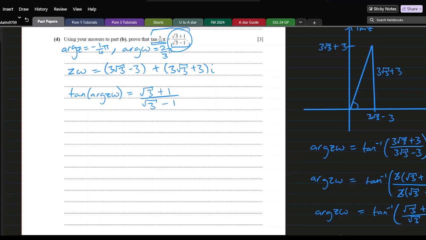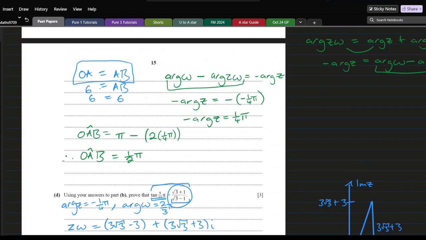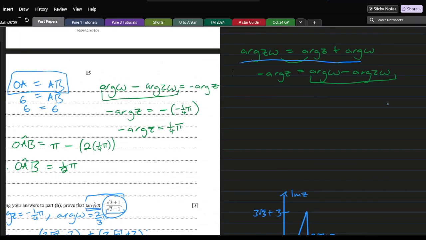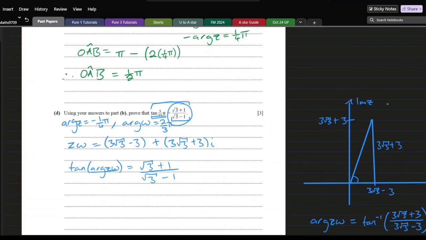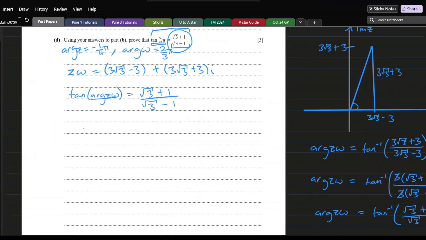Right, so we need to find arg z omega, and in part C we said that arg z omega is equal to arg z plus arg omega. So we're going to use that idea again.